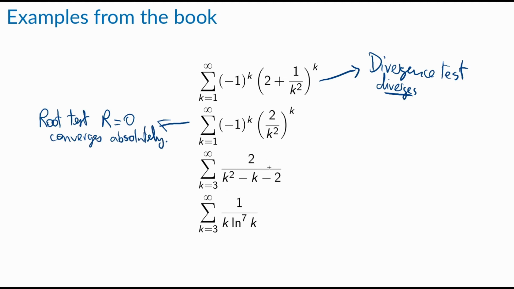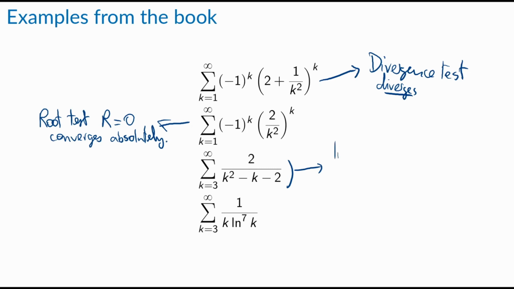And then, good, the next series we have is the sum from k equals 3 to infinity of 2 over k squared minus k minus 2. That one checks out on the divergence test, the terms go to 0 as k goes to infinity. We look at that and we say, well, it looks more or less like 2 over k squared.